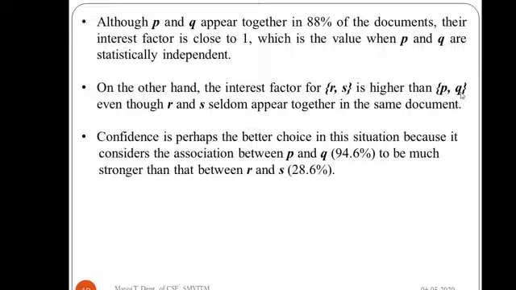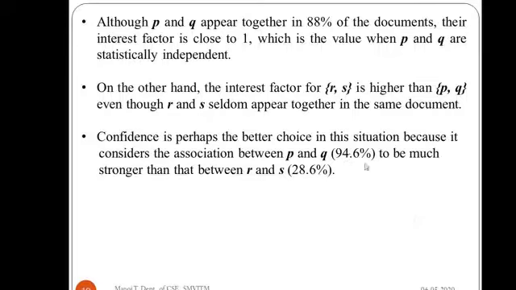In this particular case, confidence is a better choice compared to the interest factor. If you compute the confidence for P implies Q, it is again very simple: support of P implies Q divided by support of P, which is 880 divided by 930, around 94.6%. Similarly, the confidence of R implies S is support of R implies S divided by support of R, 20 by 70, which is 28.6%.